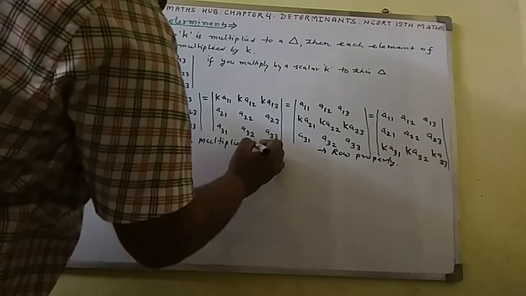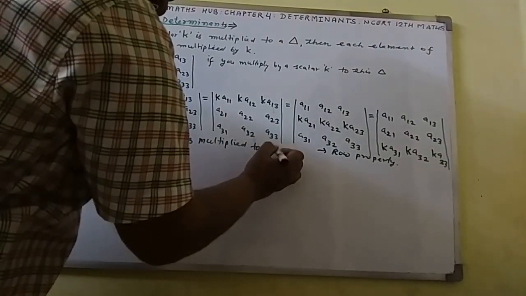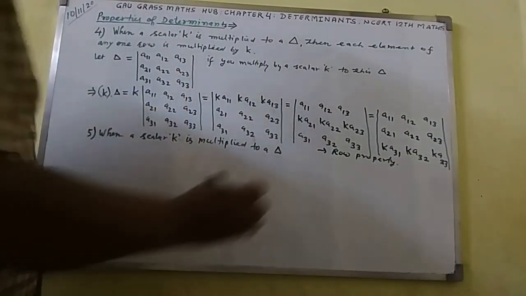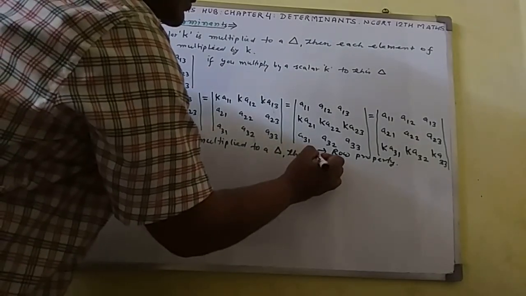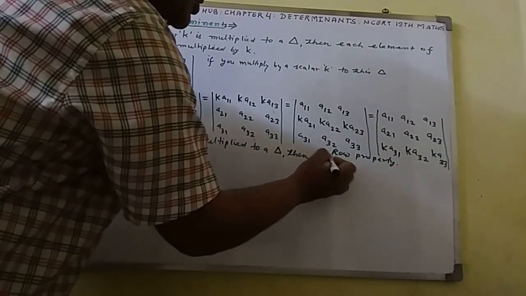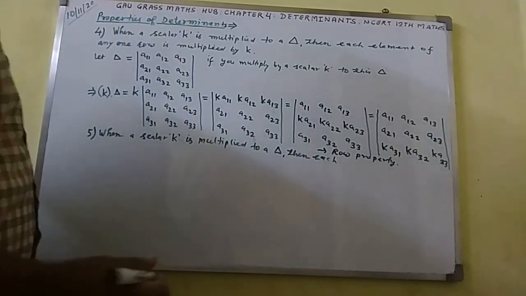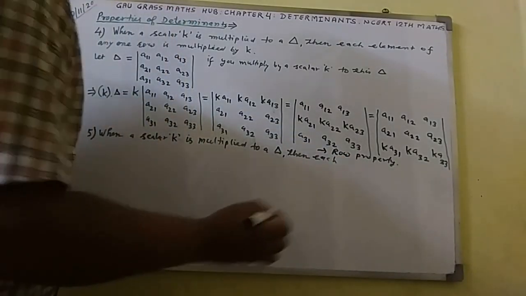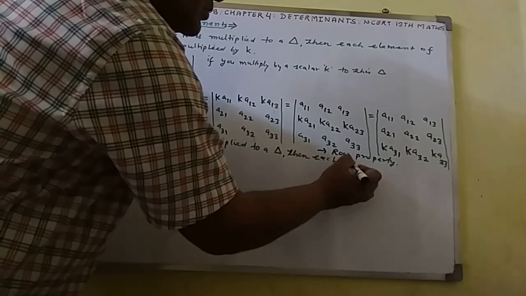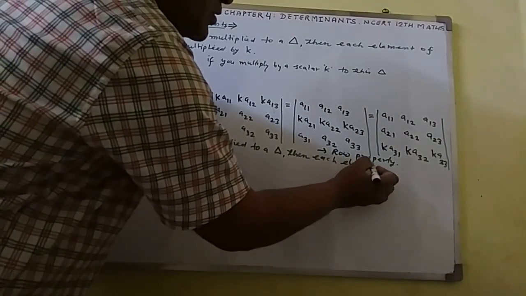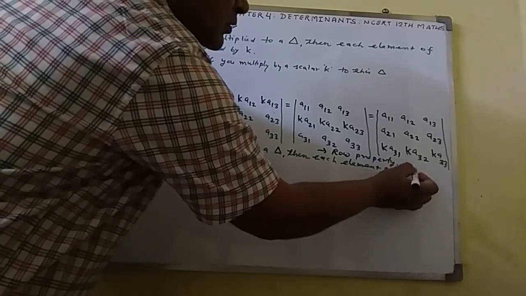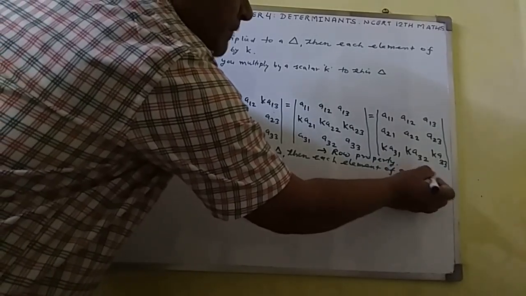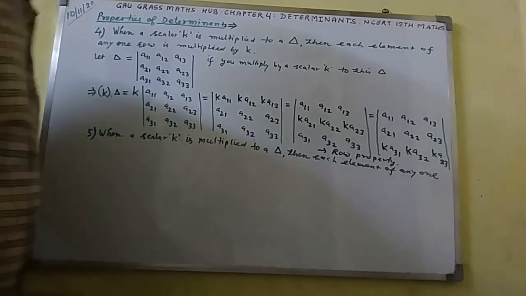multiplied to a determinant, then each element of any one column is multiplied by k.